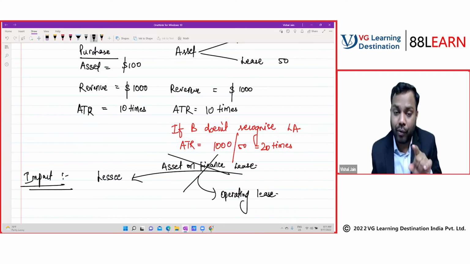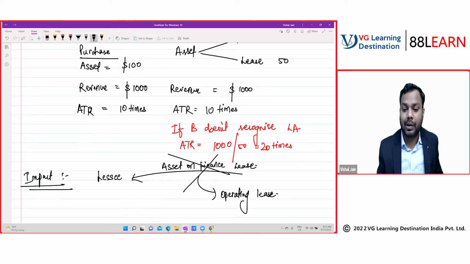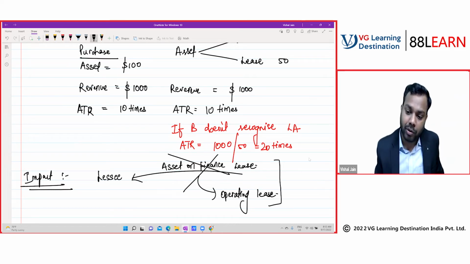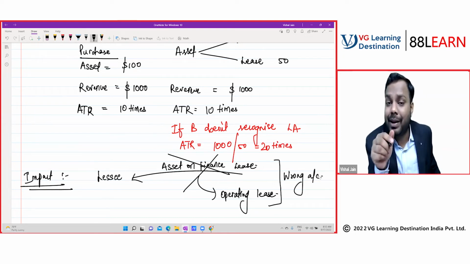Though the asset had been taken on finance lease, they used to classify it as operating lease. And that was wrong. This is wrong accounting treatment. And that was the reason why this change was brought in.